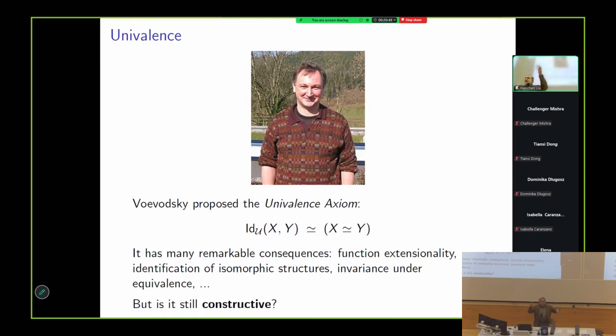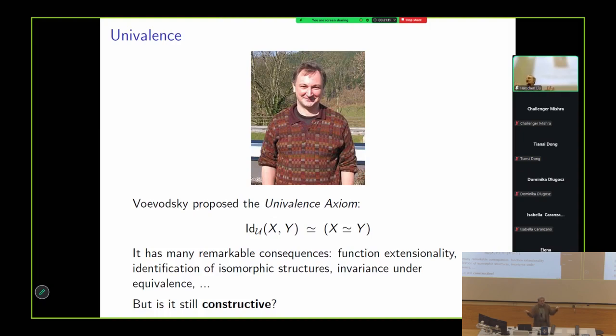What it says is that if you have, for example, two sets, equivalence for sets is just isomorphism of sets, being in a bijective correspondence. It tells you that two sets which are isomorphic may be identified. Well, that sounds pretty good if you're a mathematician. You don't want to distinguish between isomorphic objects.